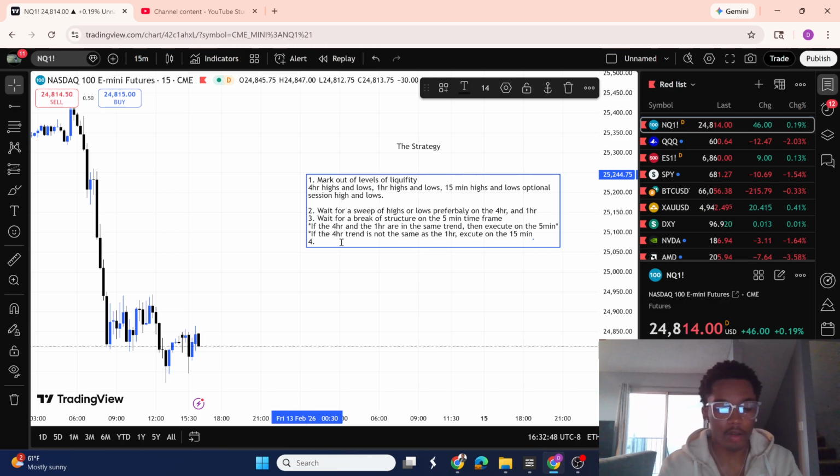After that, everything I'm about to show you as far as concepts is continuation confluence. So preferably we want to see fair value gaps get filled. We want to see order blocks get filled. What else do we want to see?